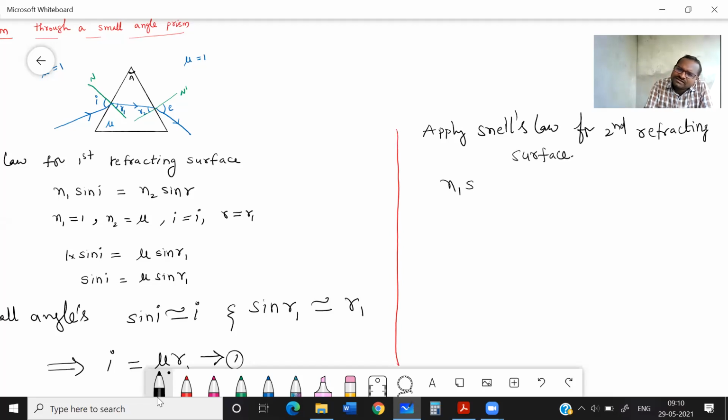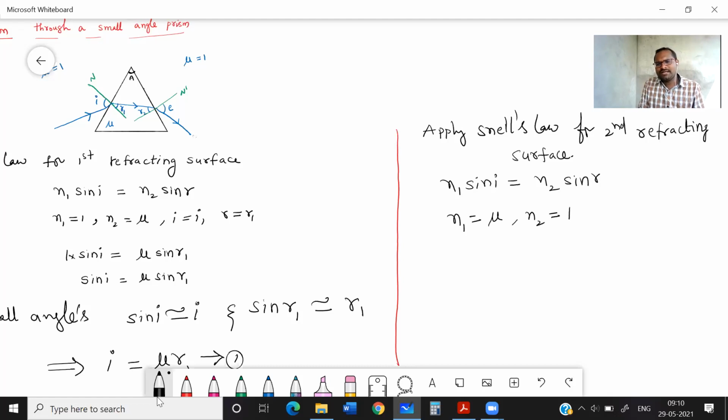The formula is n1 sin i is equal to n2 sin r. Correct? Yes, sir. Correct. But what is n1 for the second refracting surface? n1 is the refractive index of the medium from which the ray is traveling. From where is the ray traveling? From the mu medium. So n1 is mu. And what is n2? n2 is the refractive index of the medium into which the ray is traveling. Into which medium is it traveling? Into the medium with mu equal to 1.